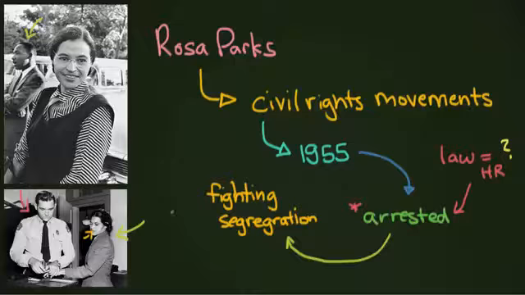Segregation means that you have a green person here and a yellow person here, and society basically builds a big wall between them. And this means things like the green people drinking from water fountains that are different from the ones the yellow people do. And in buses, it means that there is a green people section and a yellow people section.